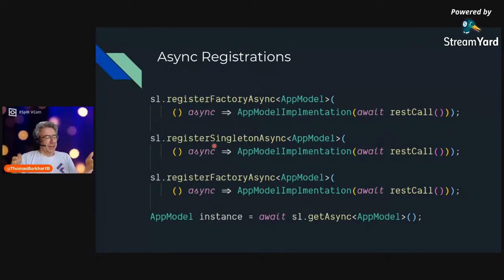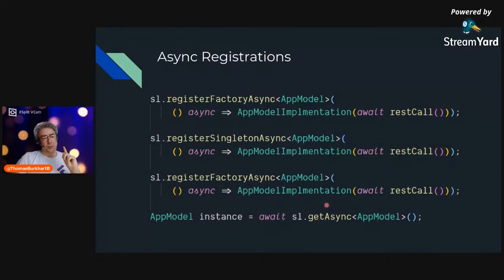And we quite often have this situation, especially at startup of our app, that we might load the shared preferences, we might do some call to a REST API, we might open a database, all async calls that have to be done. And we can do this by registering these objects with the async functions. In this case, obviously, we need to use an asynchronous get function, the getAsync function.